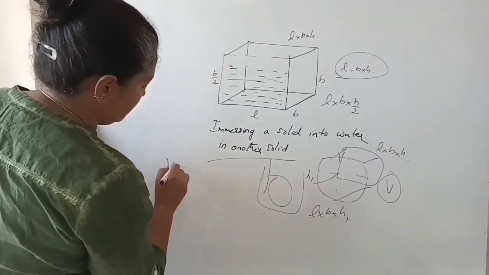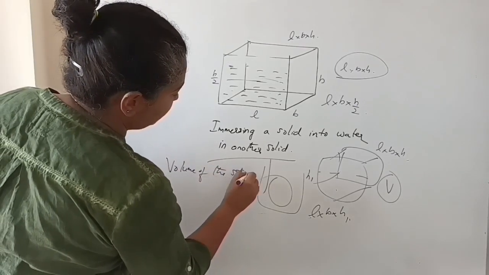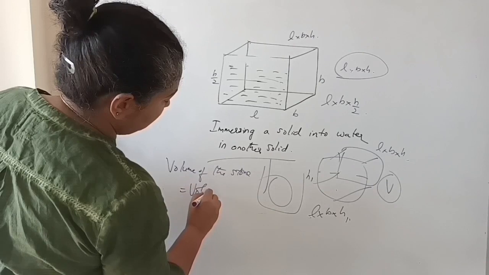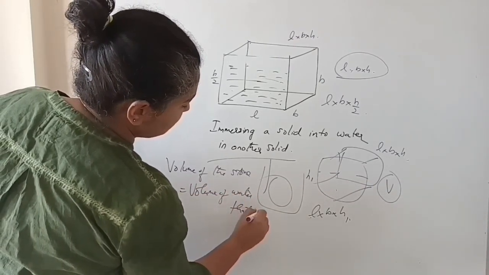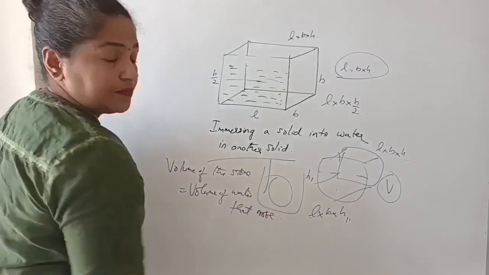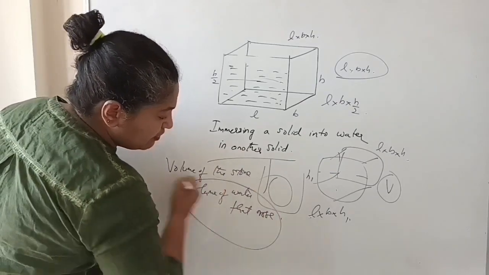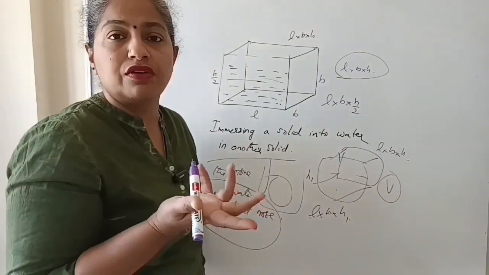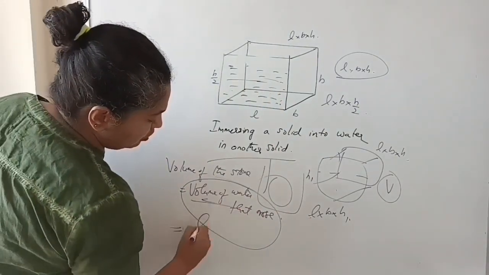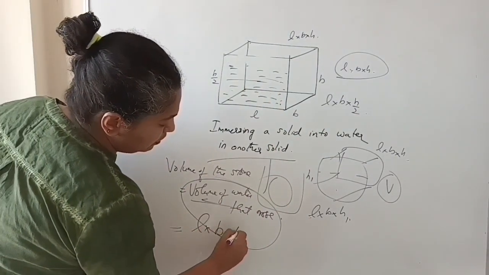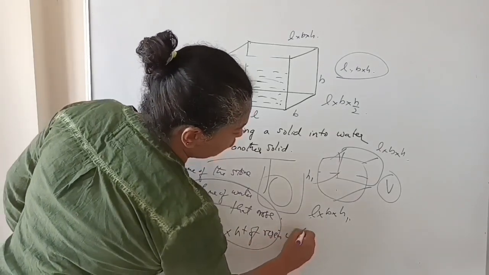So, volume of the stone is equal to volume of the water that rose. Correct. Now, this water was inside which solid? It was inside a cuboid. So this will correspond to the formula L into B into the height of water rise.